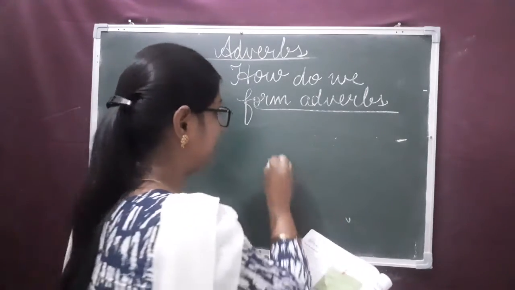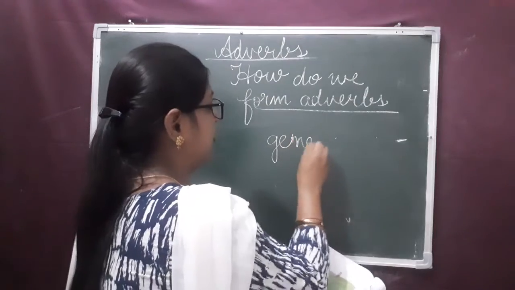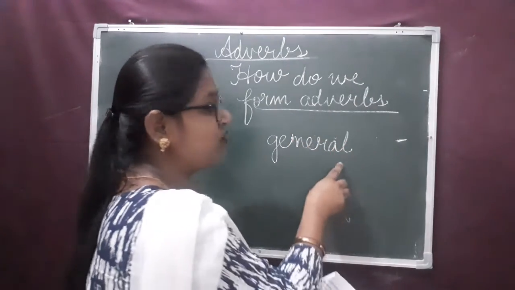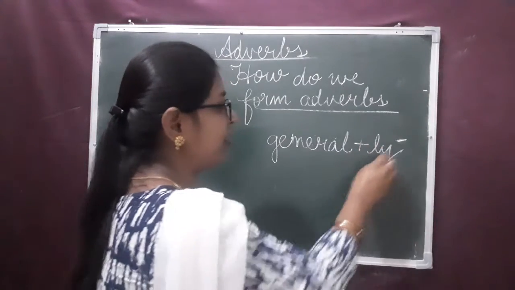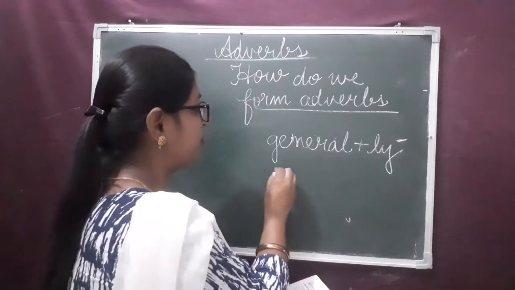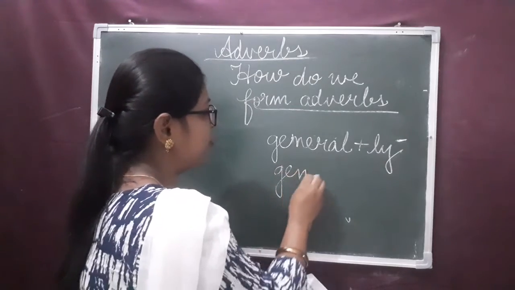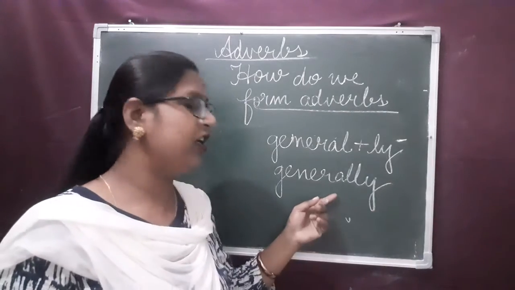For example, general is already ending with l. We add ly with it without making any changes in the root word. So it becomes generally. It is an adverbial form.